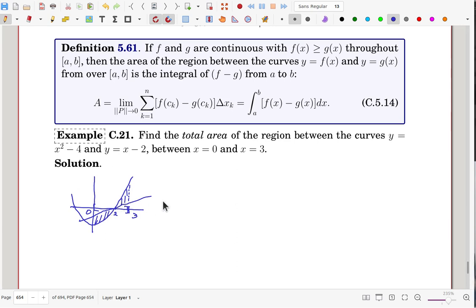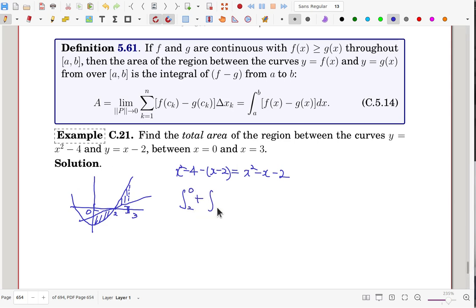Okay, so for this portion one is larger, but for that portion the other is larger. Anyway, if we take x squared minus 4 minus (x minus 2), that is the same as x squared minus x minus 2, right? From 0 to 2 the value is negative, so for this portion, rather than 0 to 2, we are using 2 to 0.